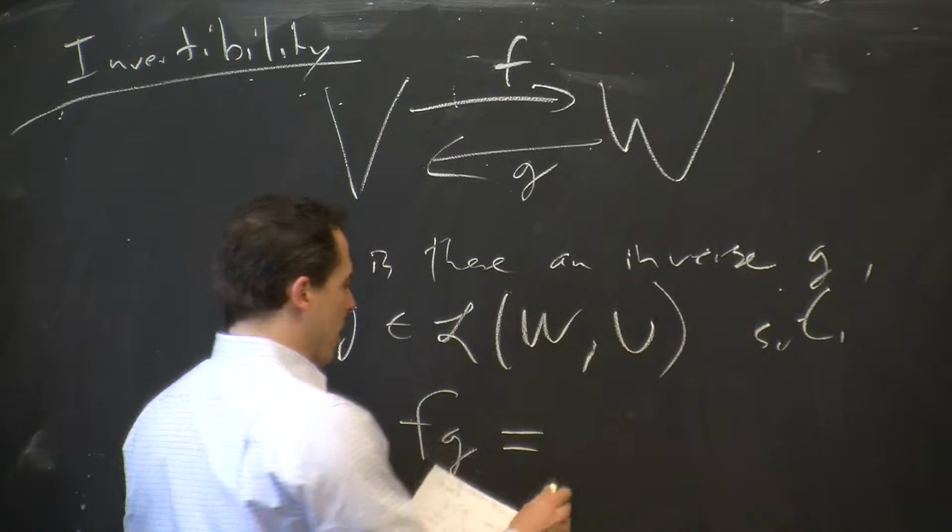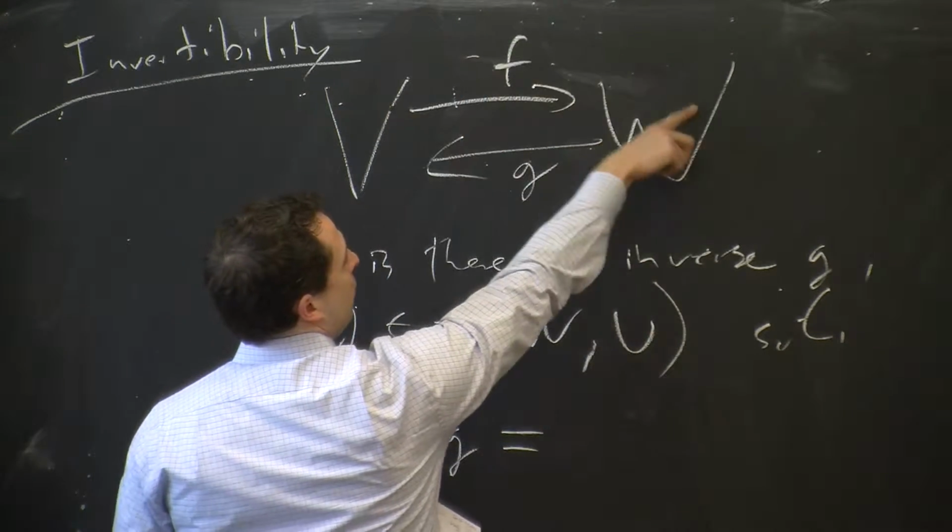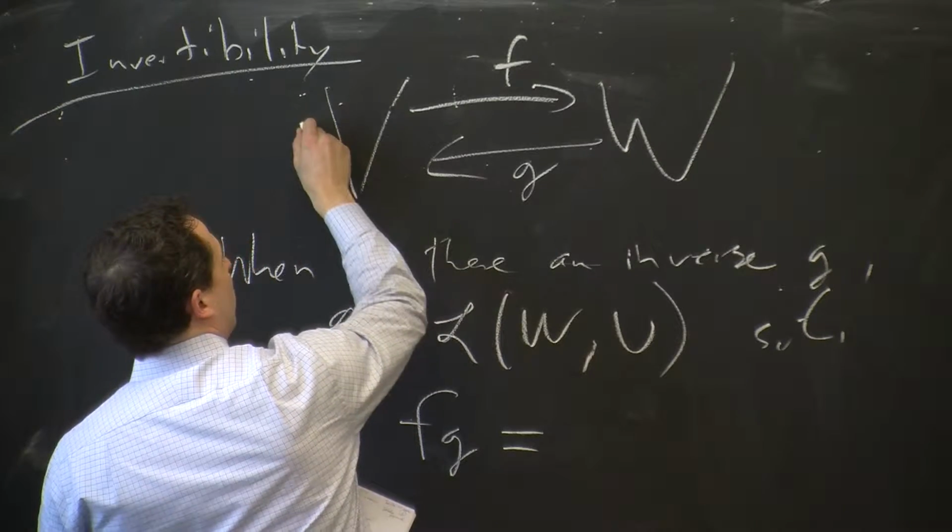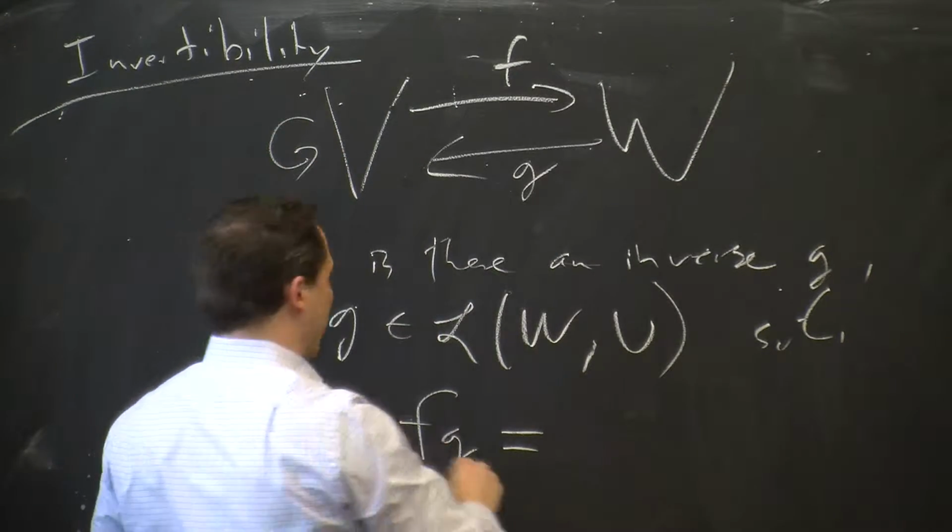F composed with G will be a map from V to itself.